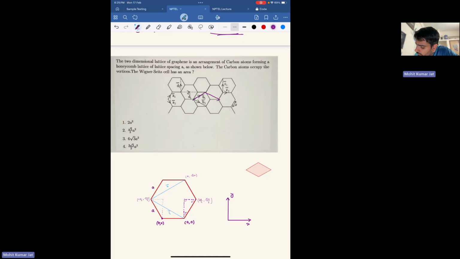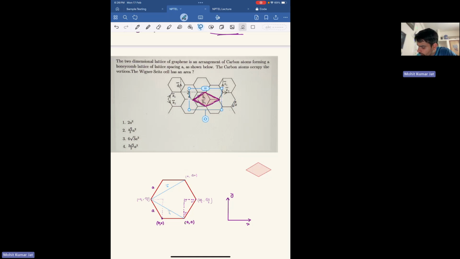You can choose some different unit cell, but if you repeat this one, a repeated period, then it will give you the unit cell. So for example, I have already copied this. I'll just take it and paste it. Let me copy it, paste.